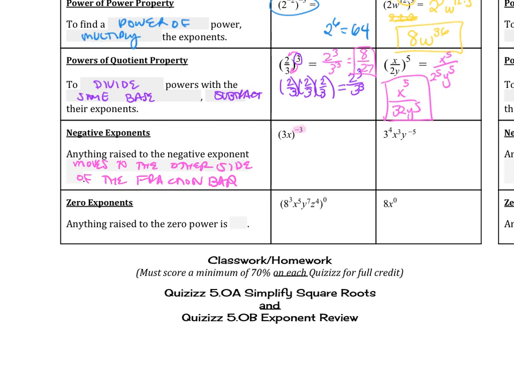In this case, this -3 goes to the entire value, this entire monomial, because it has a parentheses around it. So what we can do to simplify this is that it moves to the other side of the fraction bar, so this becomes 1 over 3x, and now it's raised to the third power. So now it's written as a positive exponent.